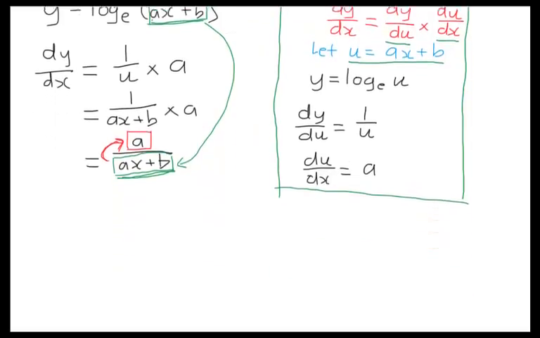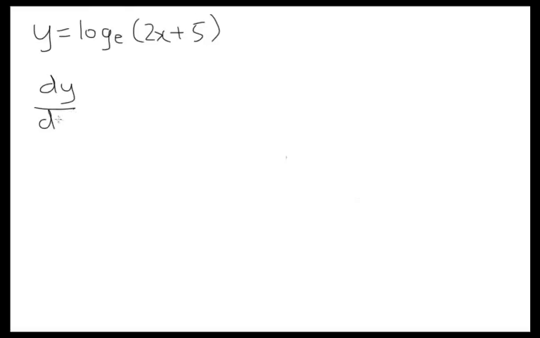Okay, so let's do a quick example and see that in practice. Suppose I wanted to differentiate y is equal to log base e of 2x plus 5. Well, without using the chain rule, I now know that dy over dx, first of all, simply has 2x plus 5 as the denominator.